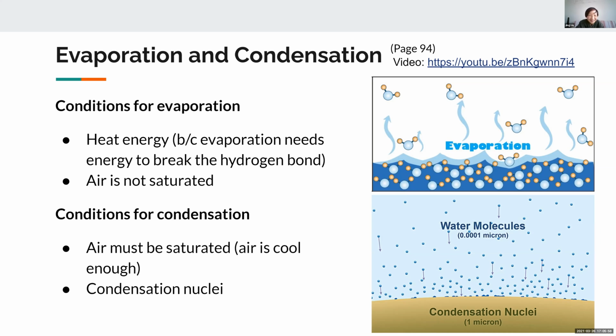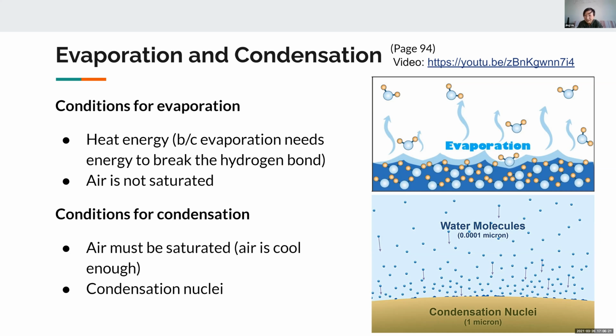Another one is the conditions for condensation. The air must be saturated. If the air is not full, you won't see condensation. You won't see cloud. So in other words, if you see cloud in the sky, that means the air is full up there, because it's cold.